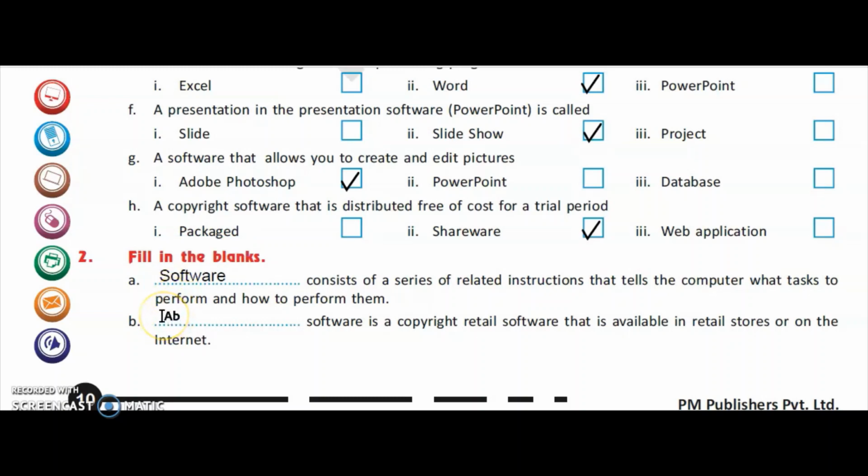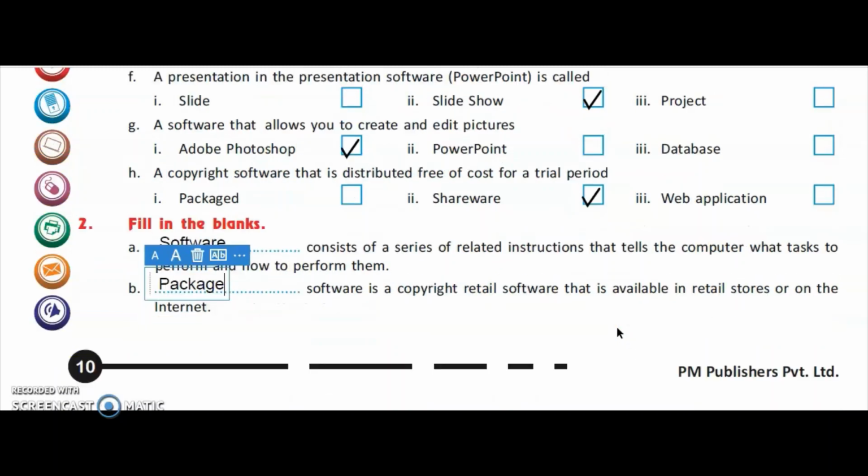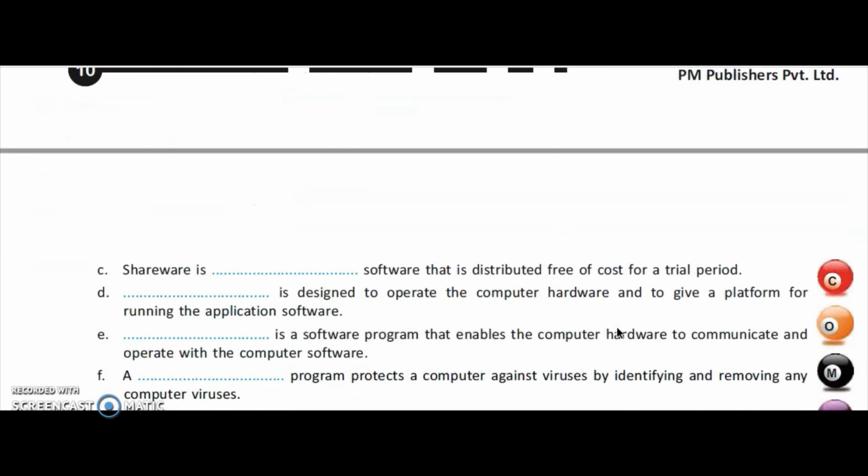Next, dash software is a copyright retail software that is available in retail stores or on the internet. And the answer is package. Package software is a copyright retail software that is available in retail stores or on the internet.